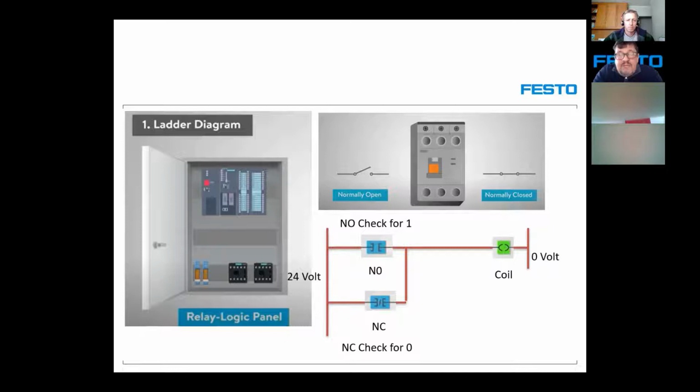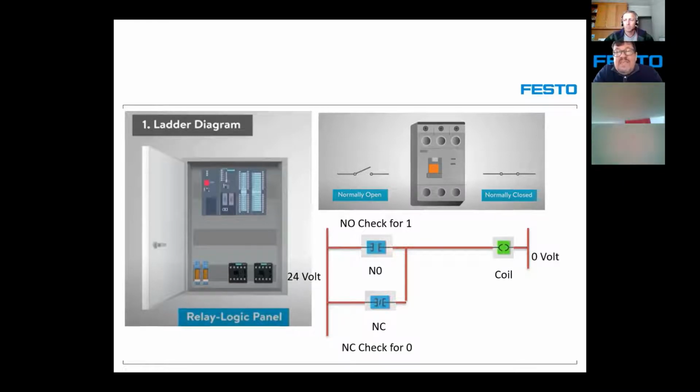That means when it comes to a normally open contact within a PLC, within a ladder diagram, for example, within the logic of the PLC, the moment you start programming and utilize a normally open, you want to check for a 1.